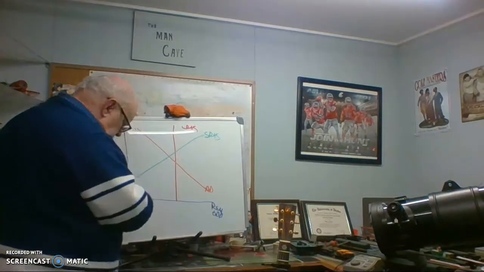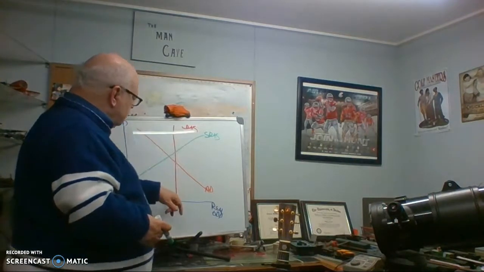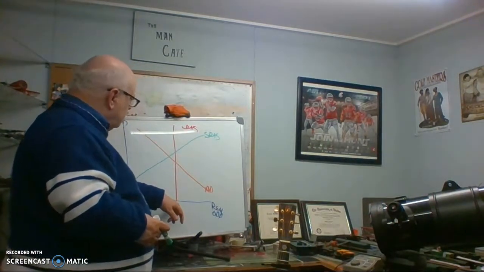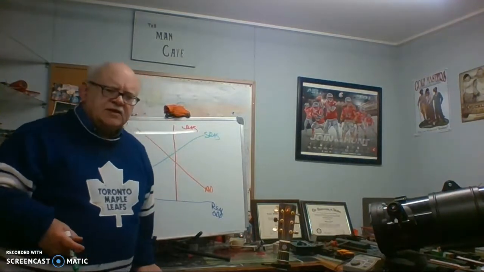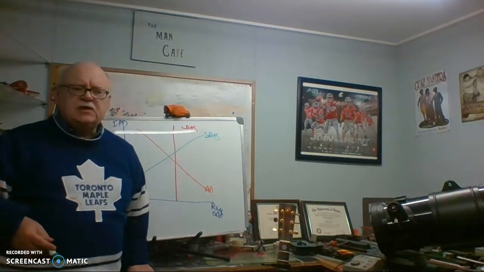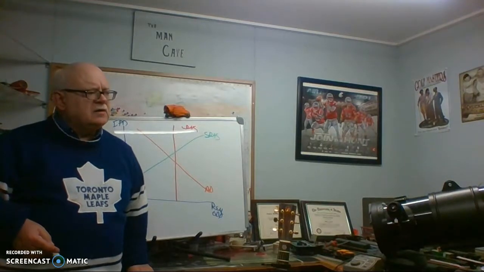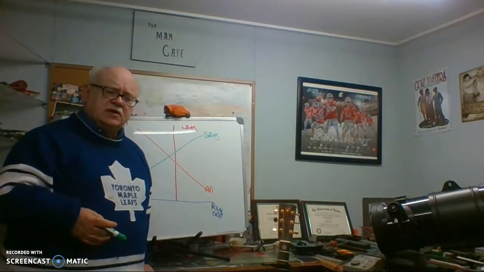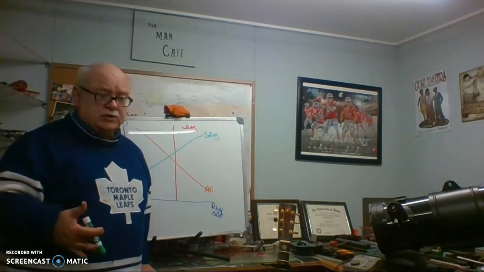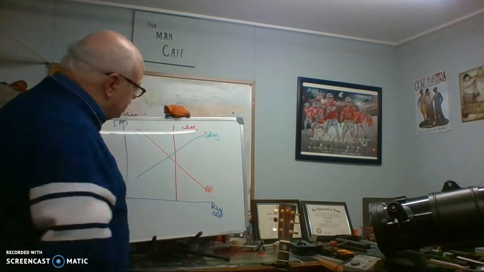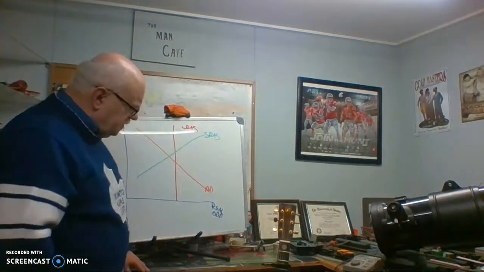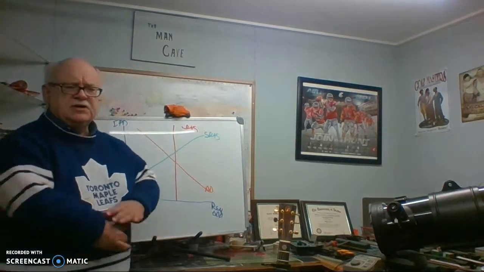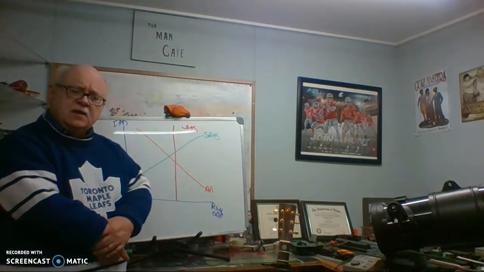And again, remember that the long run aggregate supply, the time frame is long enough that the economy completely accounts for and responds fully to any changing economic circumstance. In the short run aggregate supply, it doesn't, because prices are sticky.